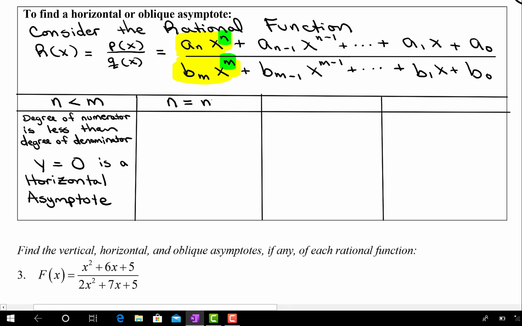Okay, next case, n equals m. So what does this mean? It basically means that the degree of our numerator is going to be exactly equal to the degree of our denominator.